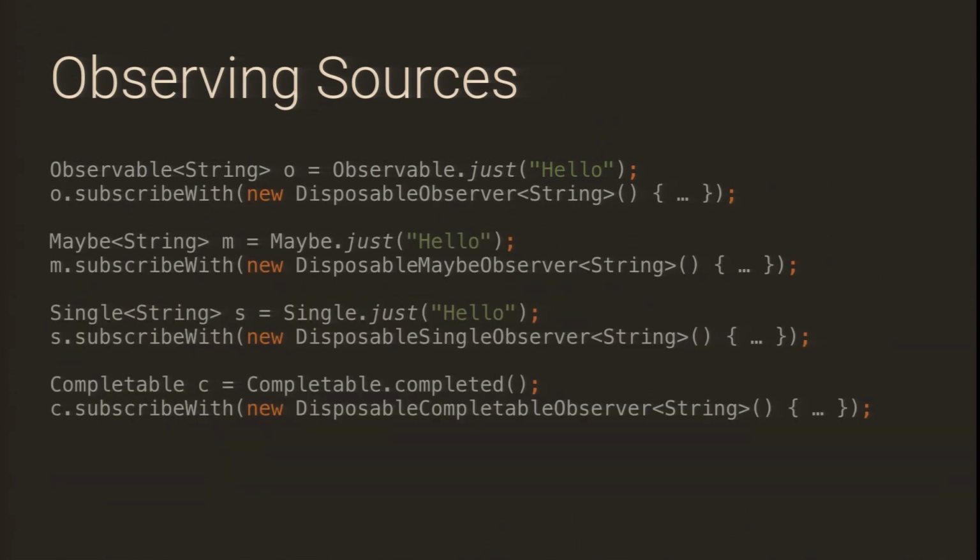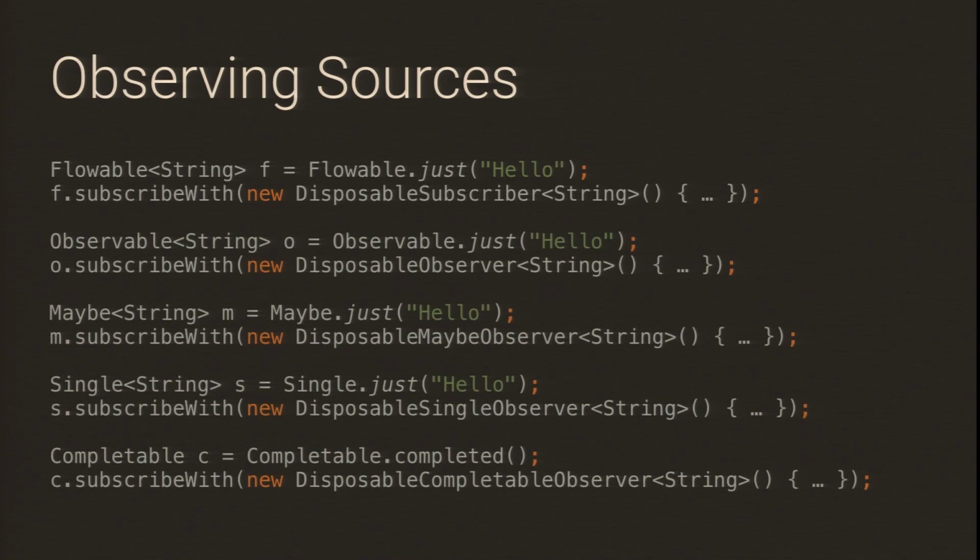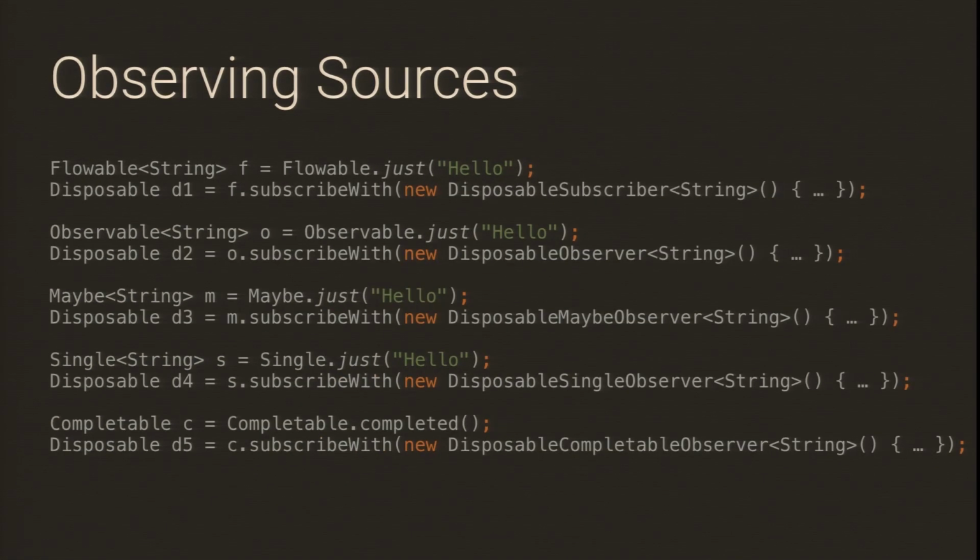These disposable variants of the observers exist for all 4 of the non-reactive streams types. And for the reactive streams Flowable, there is a disposable version of its subscriber. And again, all of these end up returning a disposable reference to you that you can then keep track of yourself, put in a collection, etc.